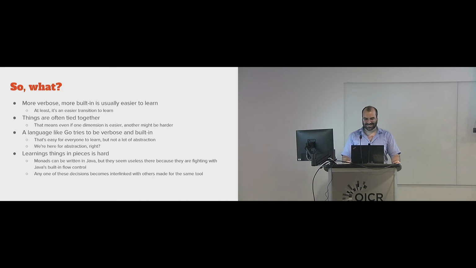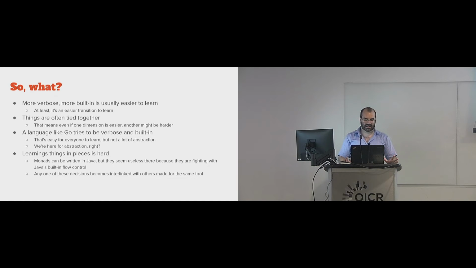Scope is interesting. Okay, so what are we going to do with all this? The more verbose and built-in something is, usually the easier it is to learn. It's usually an easier transition.